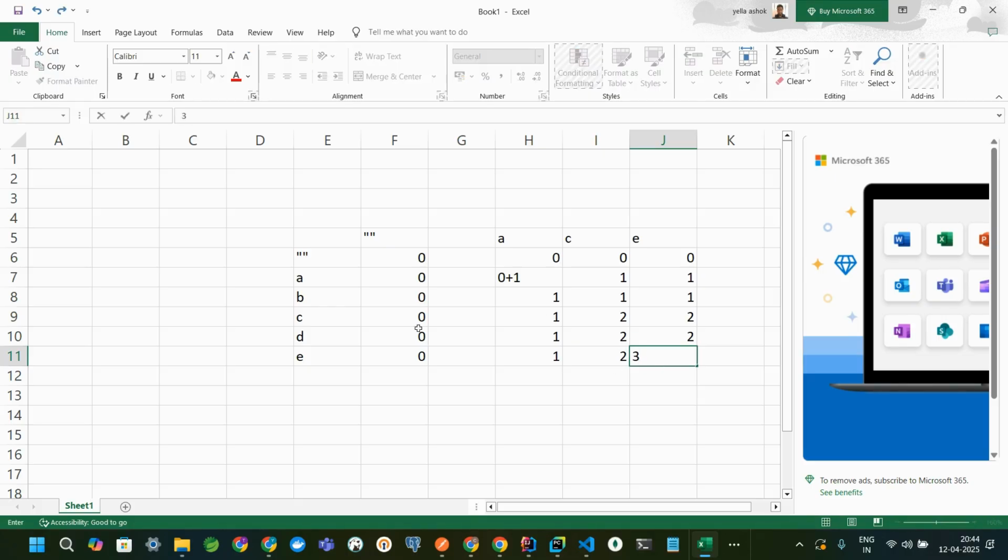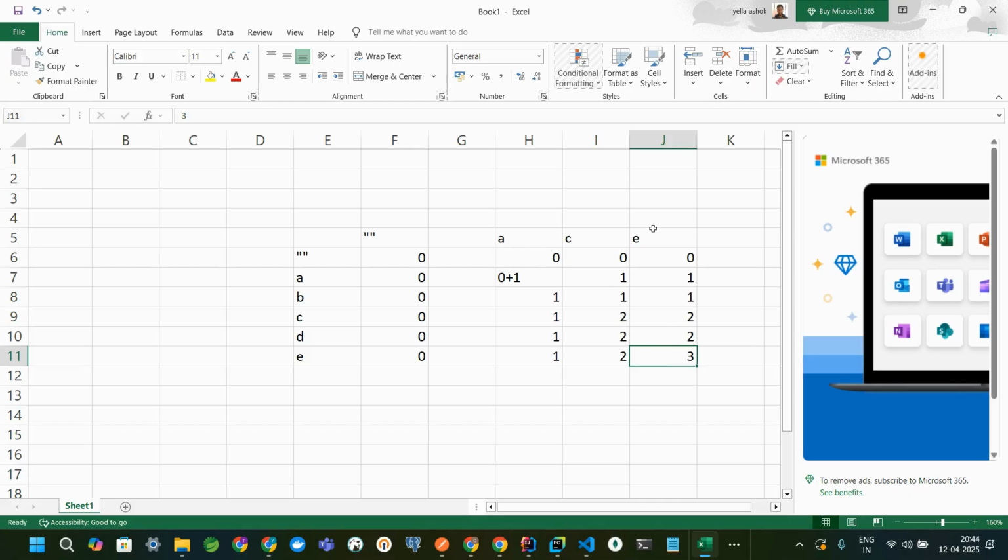So yeah, this is the answer. You can keep increasing the characters here and here, because it has common subproblems; we are starting from the base and keep increasing towards a larger problem. So 3 is the longest common subsequence.